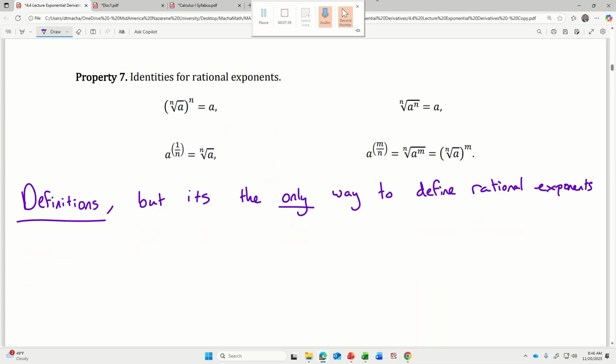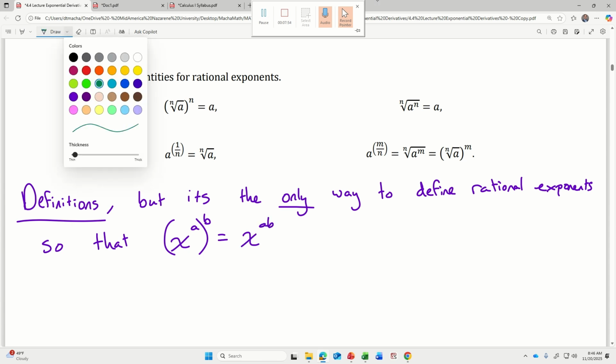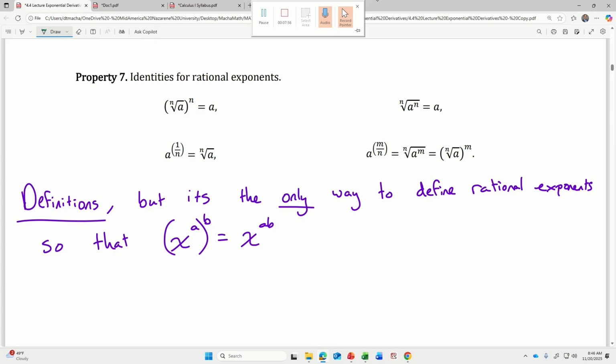Now we can go back, and having explained that, this is the only way to define rational exponents so that the exponent power rule is true. Because what I need is that if I take the square root of a number and then I square it, I should get the number back, right?